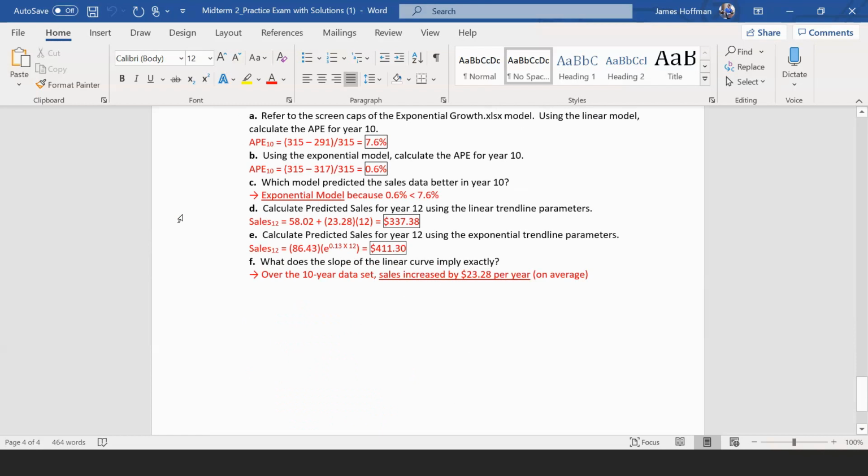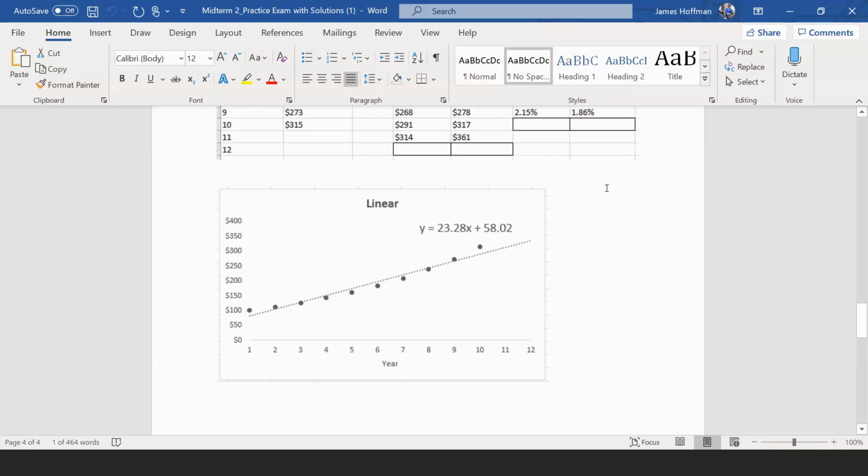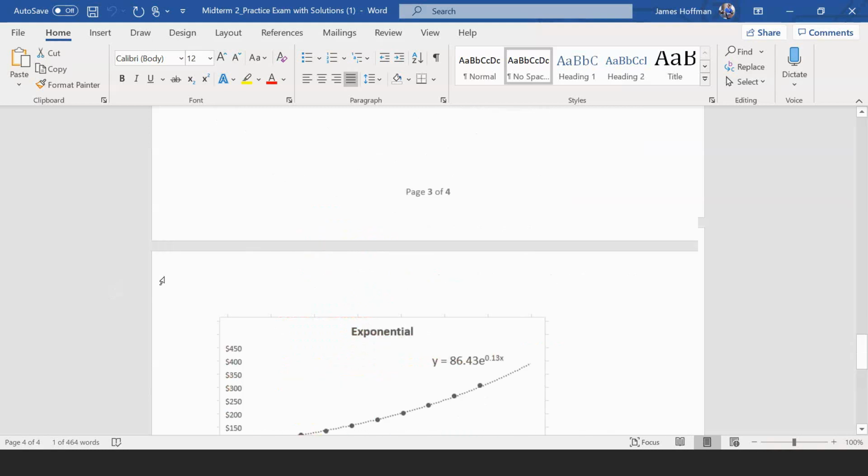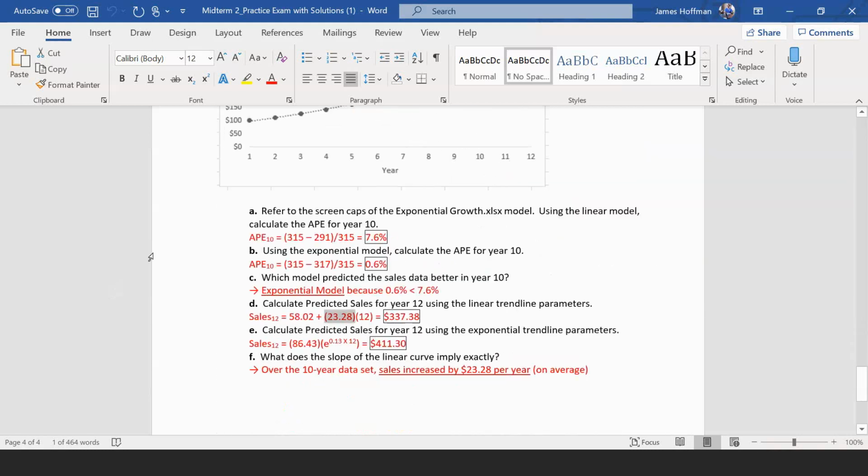So sales for year 12 using the linear model is equal to 58.02, that's the intercept, plus 23.28, that is the slope of the linear model, times 12, because X is equal to the year or the time period.